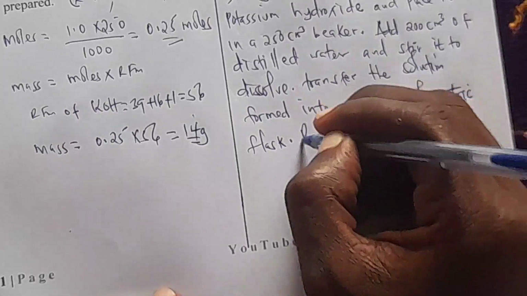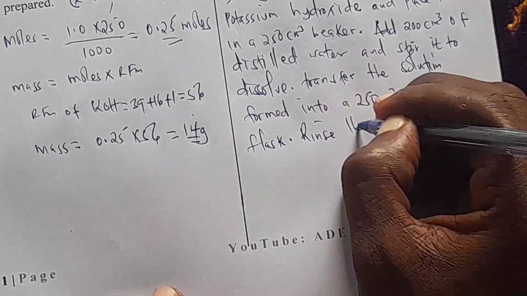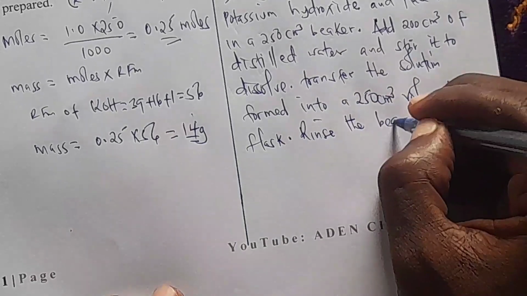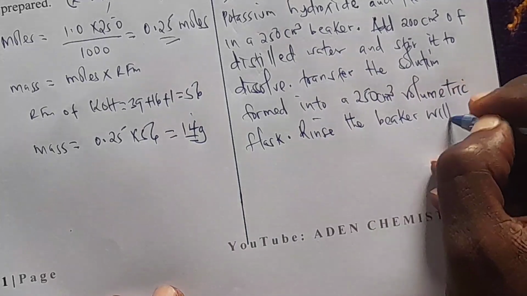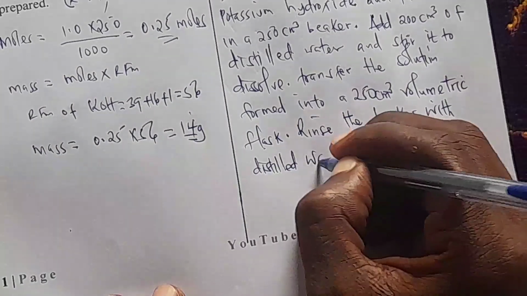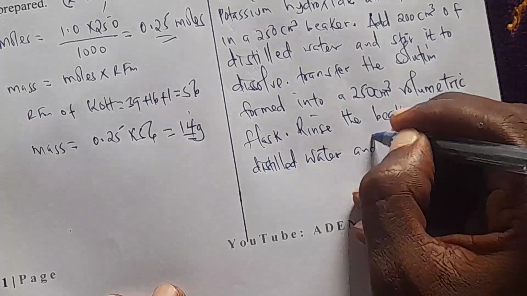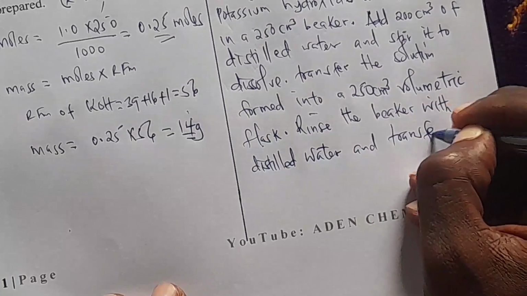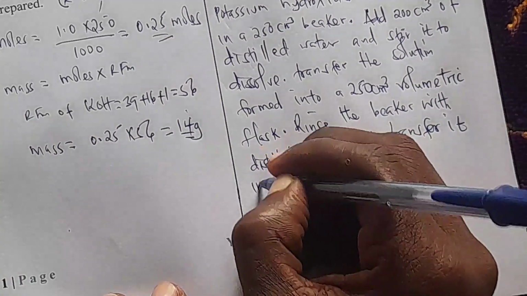Full stop. So you say rinse the beaker with distilled water, and transfer it into the volumetric flask.